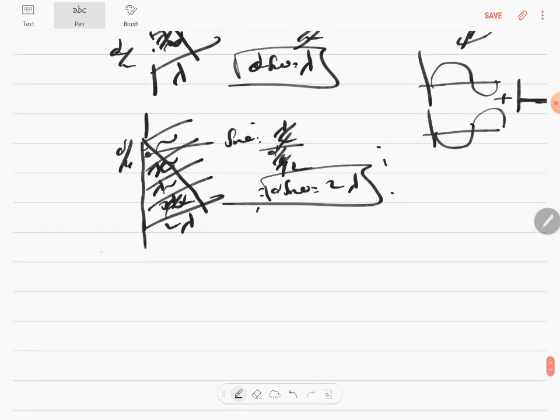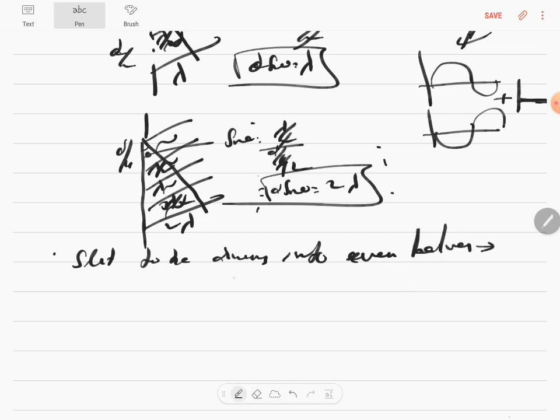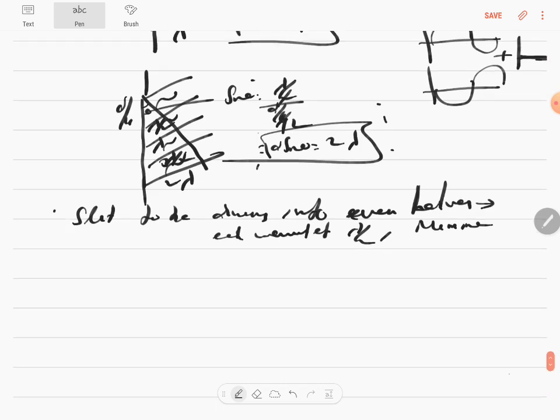Like this we can continue to consider the slit to be divided into even halves, where each wavelet has a path difference of lambda by 2 and they superimpose, resulting in minima, because each wavelet is cancelling out the other.